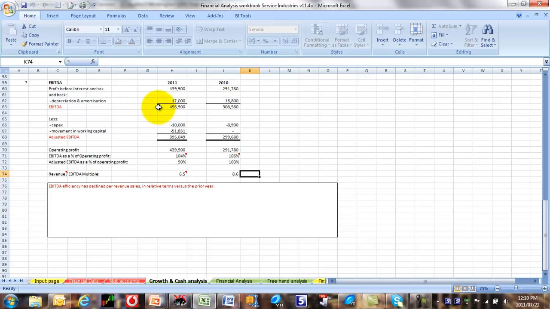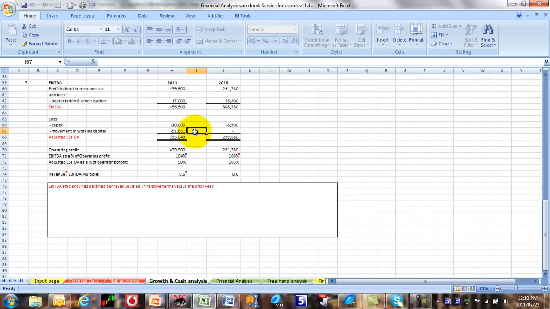Remember, as we saw earlier, this EBITDA number is before our capex requirements and before how well, or not so well, we are managing our working capital. I then do an adjusted EBITDA after adjusting for capital expenditures, and in this case an outflow of working capital.